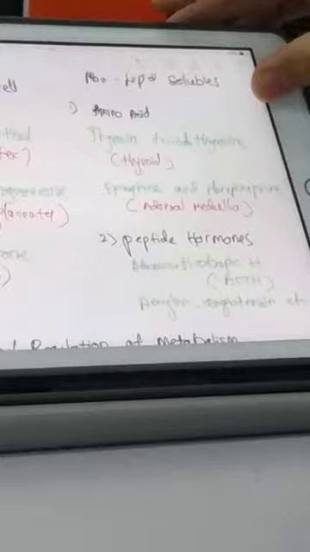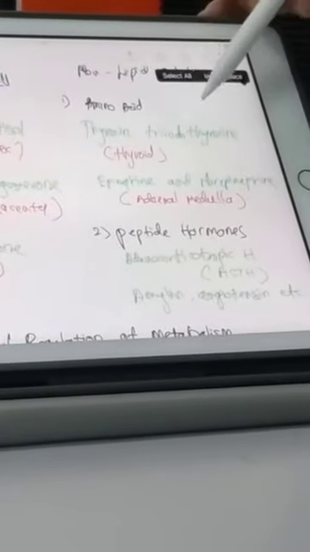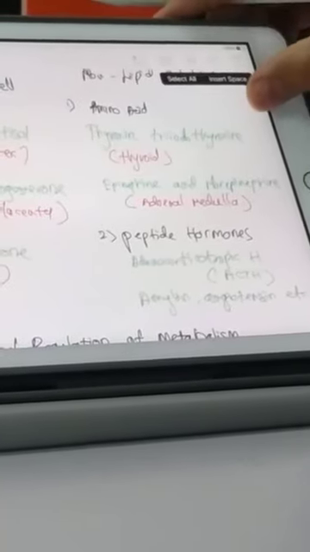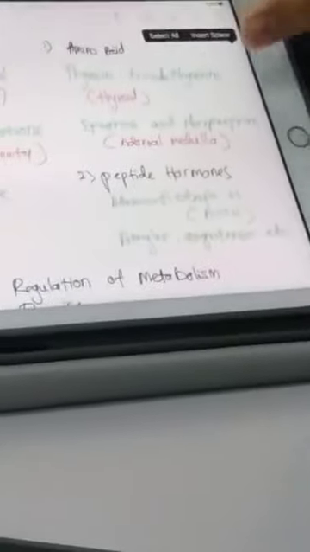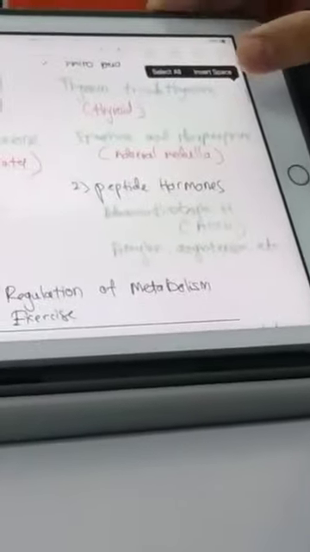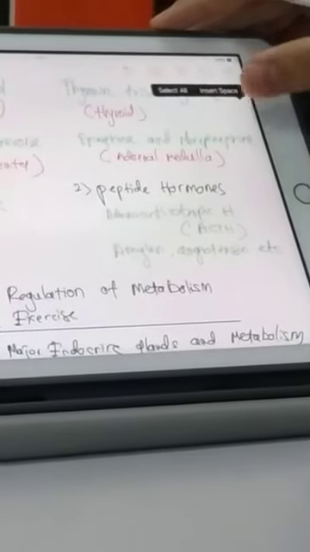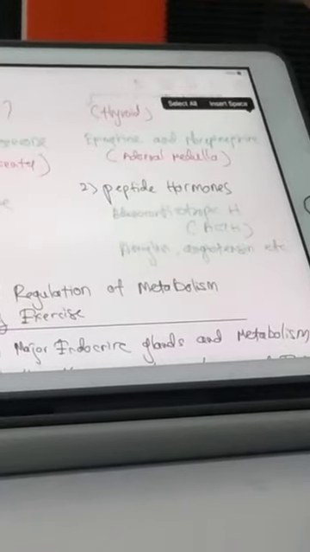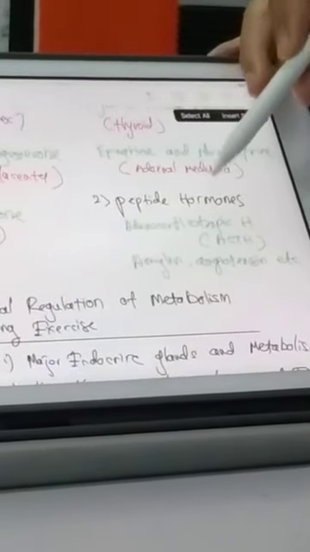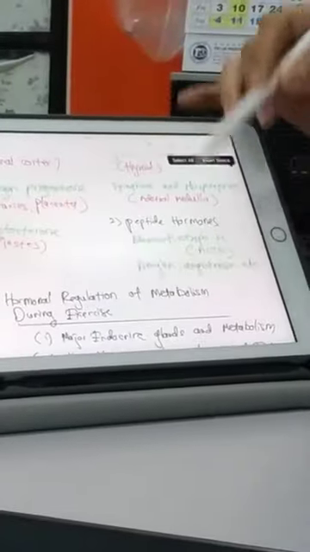Amino acid hormones are, for example, thyroxine and triiodothyronine from the thyroid, and epinephrine and norepinephrine secreted by the adrenal medulla. The second group is the peptide hormones. There are a lot of them, but I want to mention ACTH, amylin, and angiotensin.